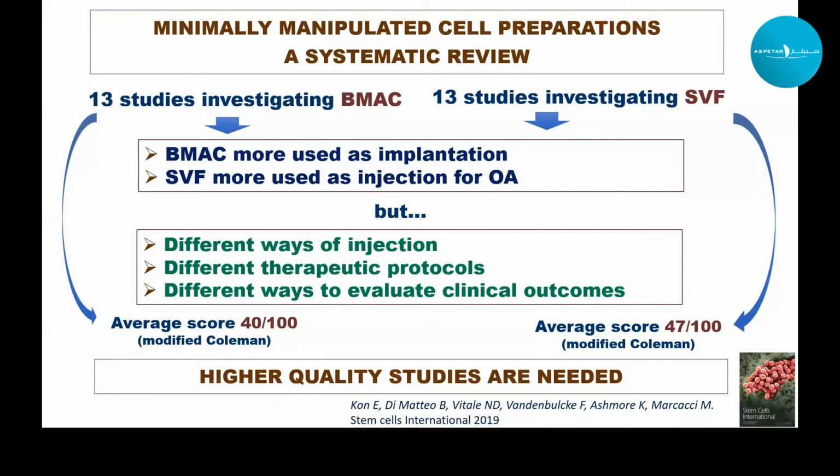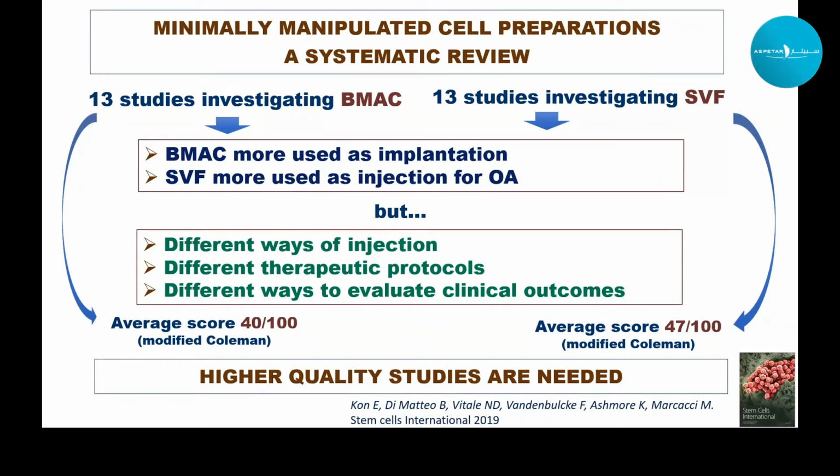And it's not over, we still have a lot of problems with the evidence because, as you can see, the modified Coleman score is still low, under 50, so these are not high-level studies, and we need high-level studies. With only some considerations, we can say that bone marrow concentrate is more used for implantation combined with scaffolds.